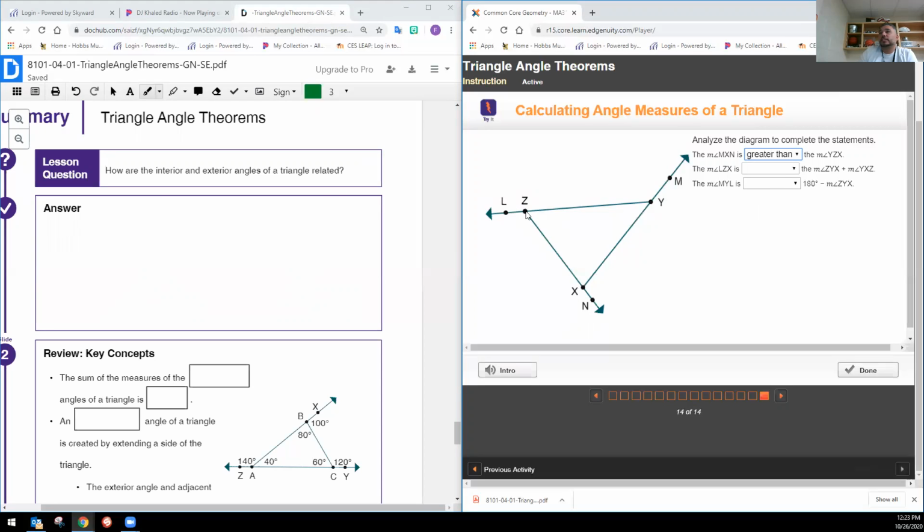blank. This angle is CYX plus YXZ. So this is equal to, because this angle should measure out to be both of these added together. So the measurement of MYL is blank, 180 degrees minus the measurement of ZYX.